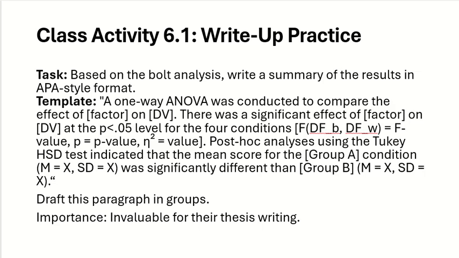One-way ANOVA was conducted to compare the effect of what on what? The effect of bolt type on bolt strength. There was a significant effect of the bolt type on the strength at p 0.05, 5% level of significance, for the 4 conditions.